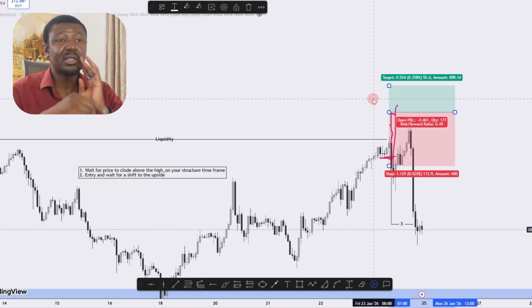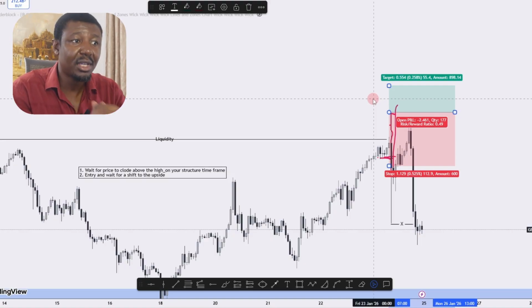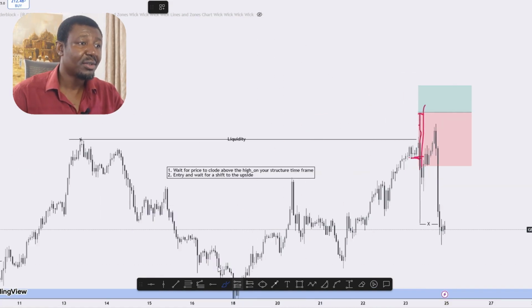These are the little things you can do to keep yourself from being burnt by a fake breakout. Number one on the list is to wait for price to close above the high. Then on your entry time frame, wait for a market structure shift to the upside.